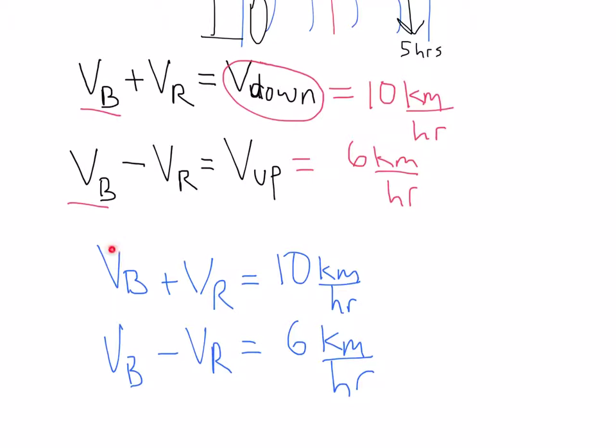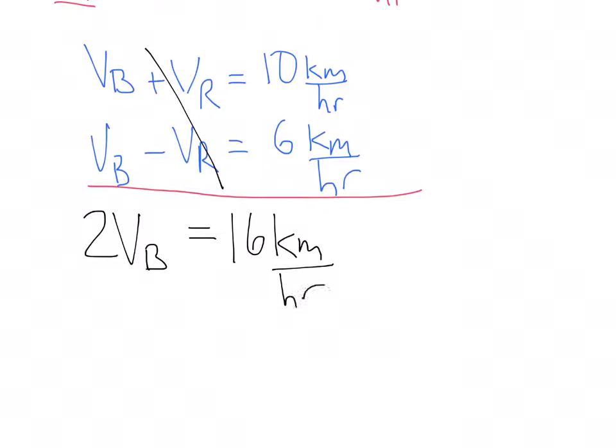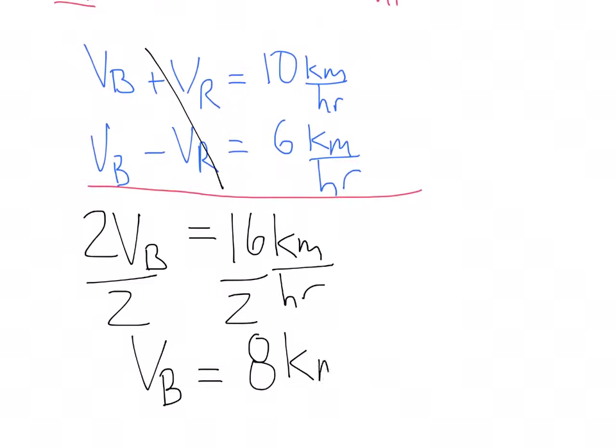Now what I'm going to do is add these equations, and I get 2 times the velocity of the boat, these cancel, is equal to 16 kilometers per hour. I'm going to divide by 2, so I get the velocity of the boat is equal to 8 kilometers per hour.